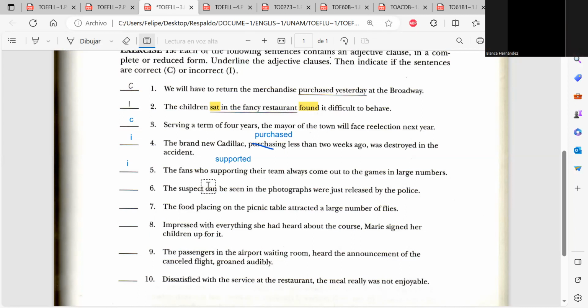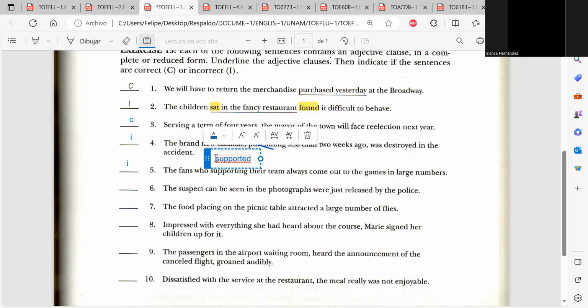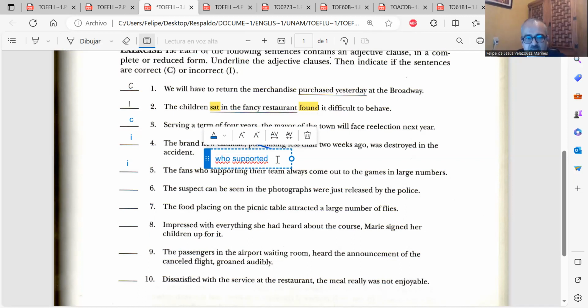If we eliminate who, what do we do? One option is to say who supported. Yes, who supported. And then the second part, we eliminate who, and then what do we do with the verb? Fans.